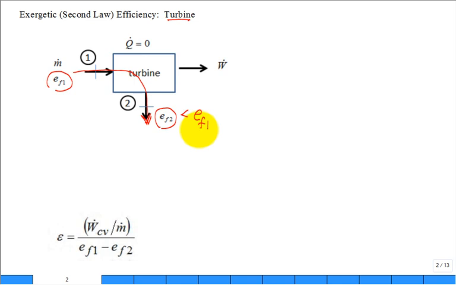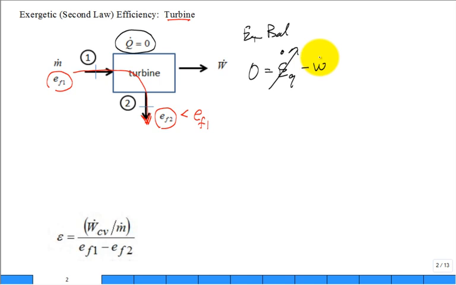Okay, so you write that exergy balance equation. I know we could start with 0 equal to, hey, is there any heat transfer? We could have that exergy transfer with the heat. For this problem, it's no heat transfer. That's our standard assumption on a turbine. So guess what that term is in our exergy balance equation? 0. We also have minus W dot.